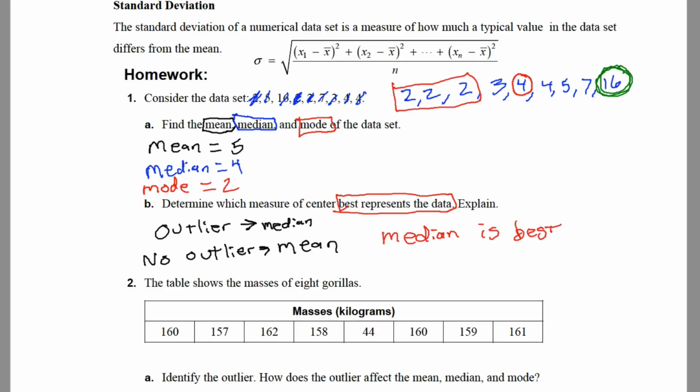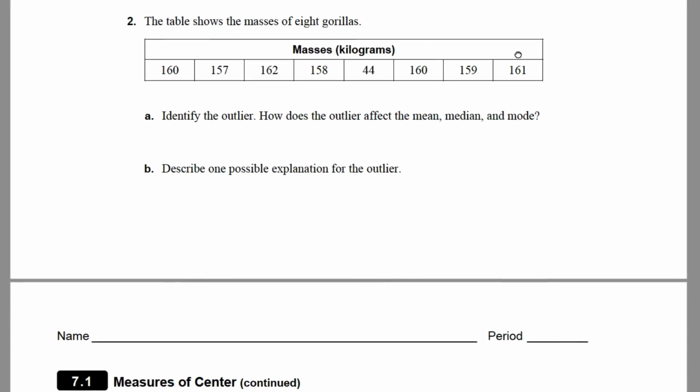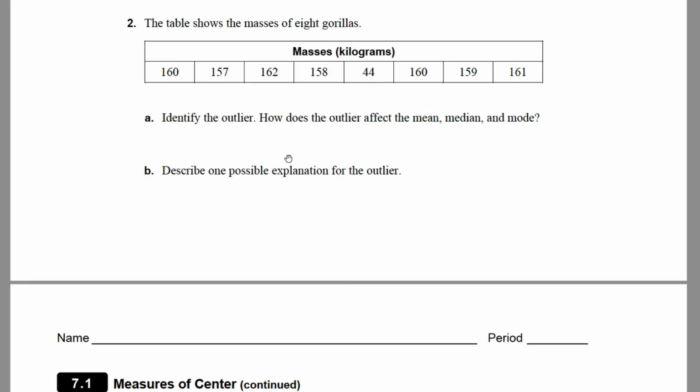All right. Number 2. The table shows the masses of 8 gorillas. Identify the outlier. So which one is quite a bit different? I mean, they're all a little bit different, but if we see right here, that one is extremely different by quite a bit. So the outlier is 44.